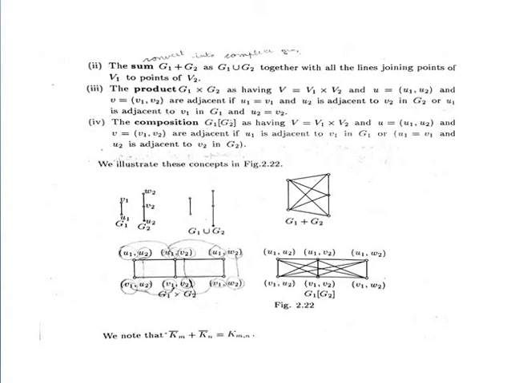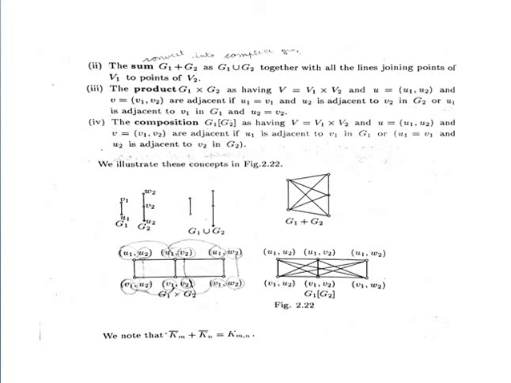Next, the composition G1 of G2 has V equal to V1 cross V2. The composition of two graphs is modified from the product of these two graphs. We just make it complete.